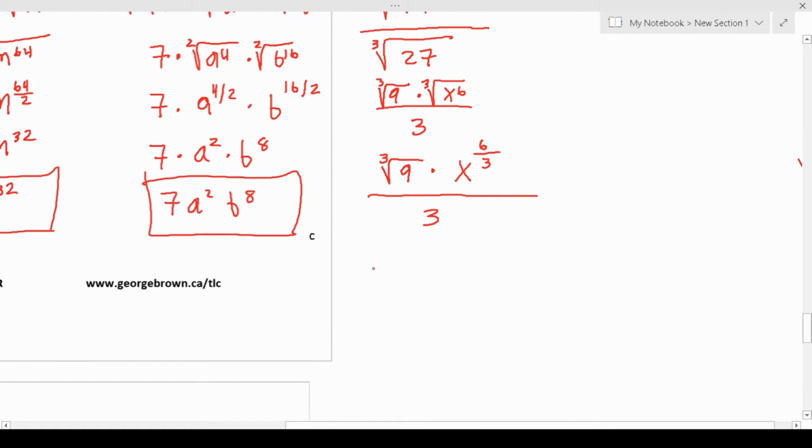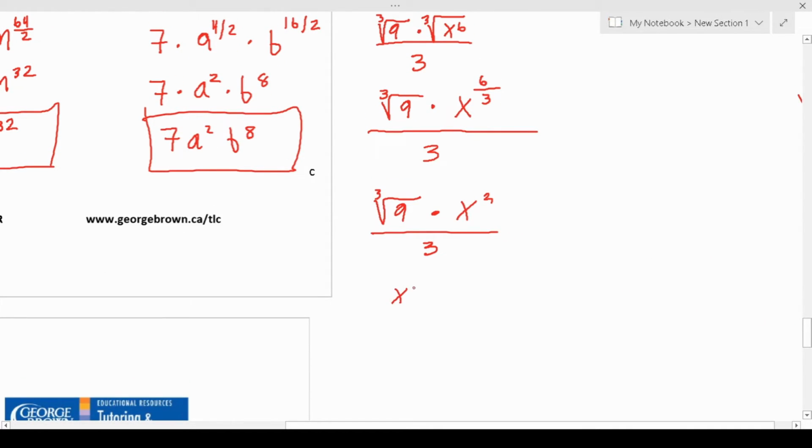So this becomes the cube root of 9 times 6 divided by 3 is 2. So this is x squared over 3. And let's clean this up to make it look nicer. This is x squared cube root of 9 all over 3. Okay, and that is this radical expression simplified.